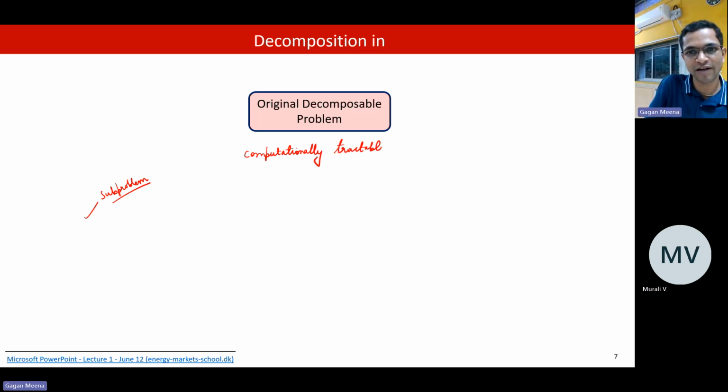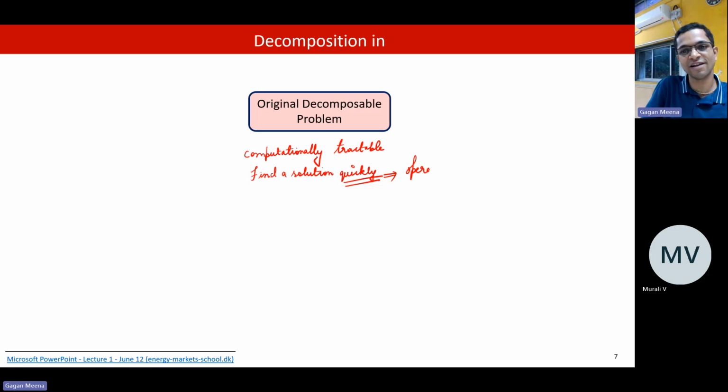We should be able to find a solution, but we should also find it as quickly as possible. This is very important when dealing with operational problems, such as unit commitment.